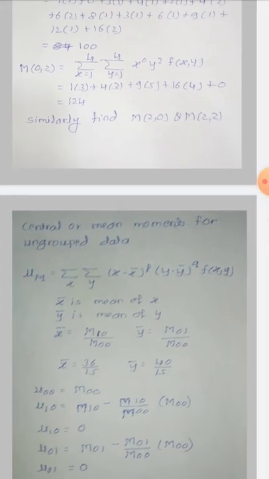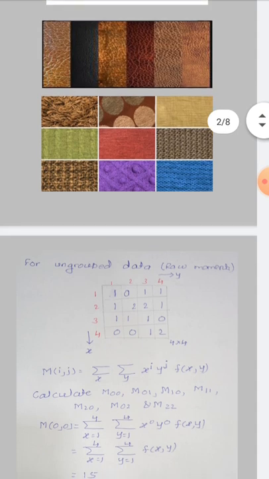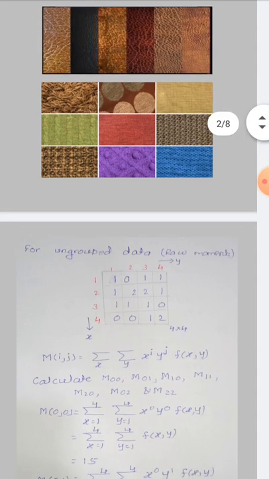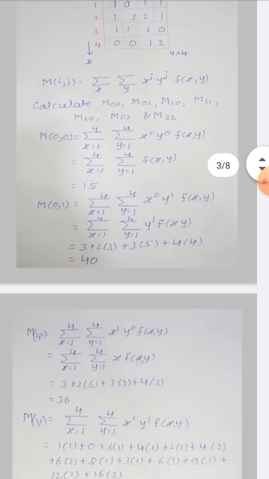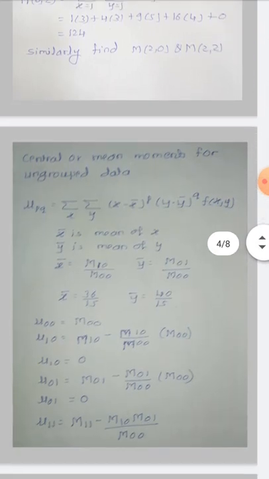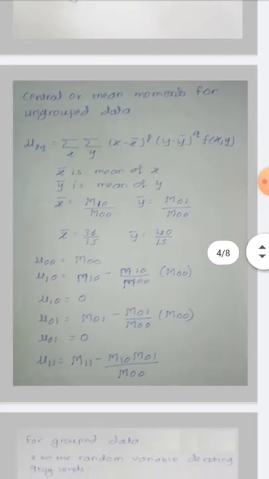Now this is about the raw moment for ungrouped data. Now we'll see central or mean moment for ungrouped data.